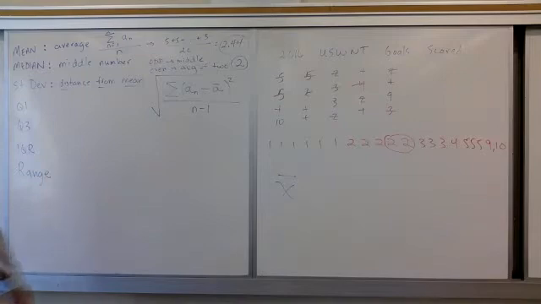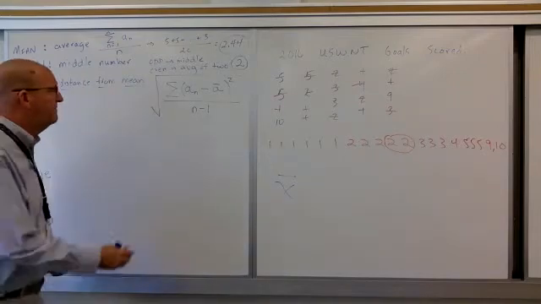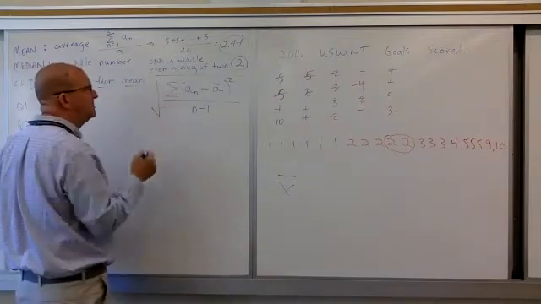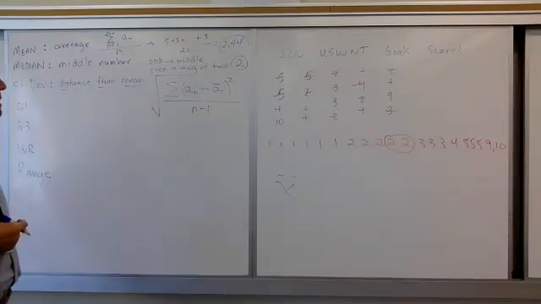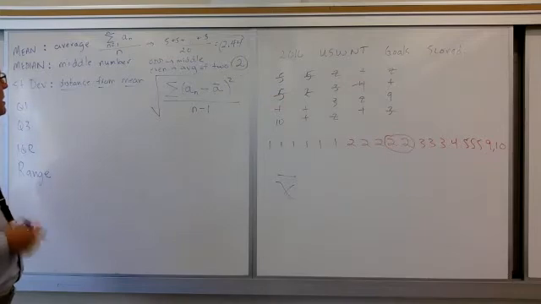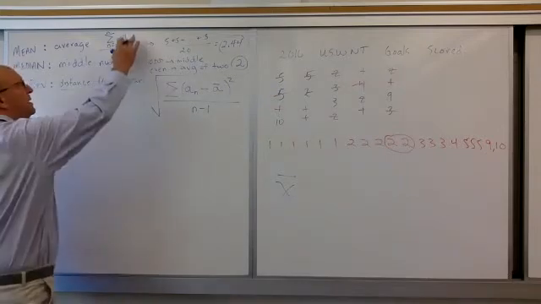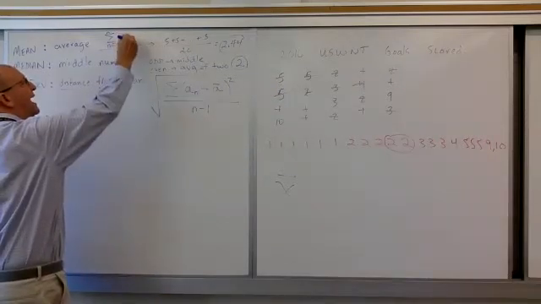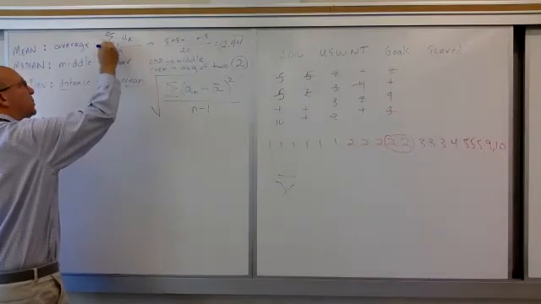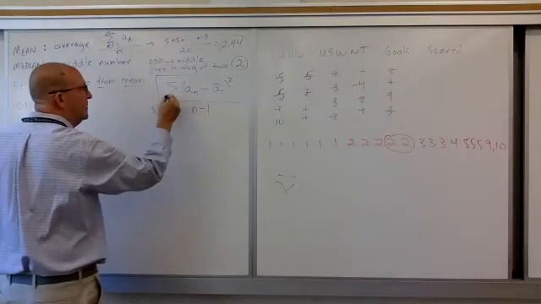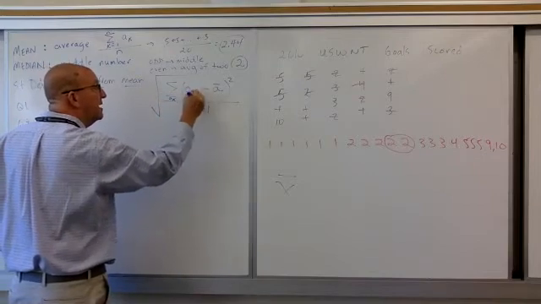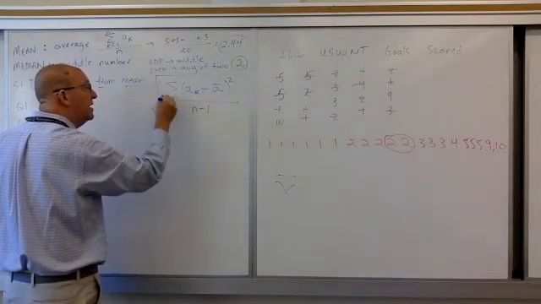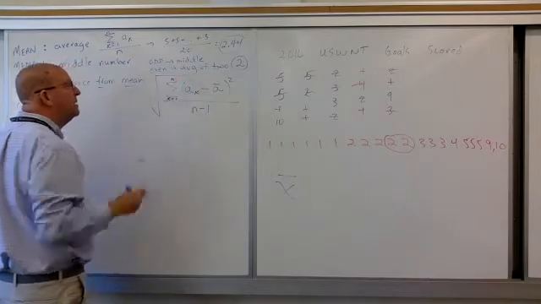Now again, you just need to know that for now. Let's call this a sub k, from k equals 1 to n. And the same here, a sub k from k equals 1 to n.